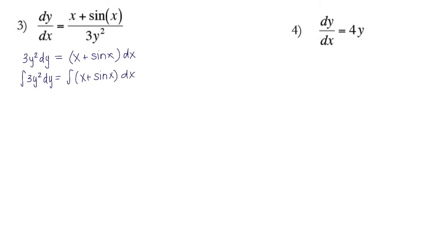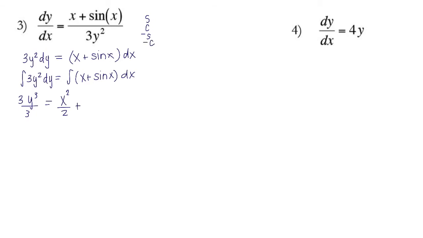When we integrate, remember we can move the 3 out. We're going to add 1 to the exponent and divide. And then over on this other side, same process. We add 1 to the exponent and divide. Plus, if I integrate sine, let's see, what do we get? Let's go back through. We have sine, cosine, negative cosine.